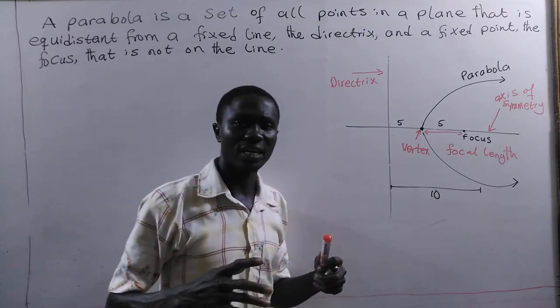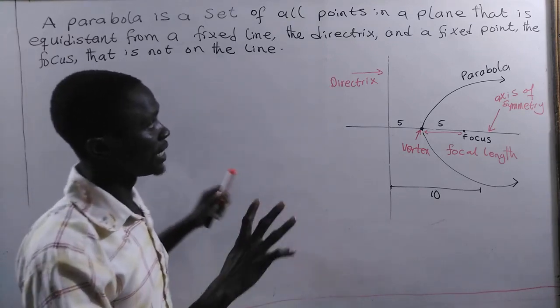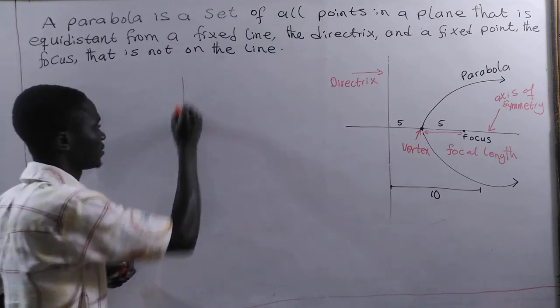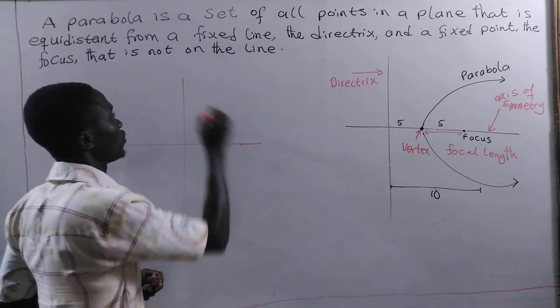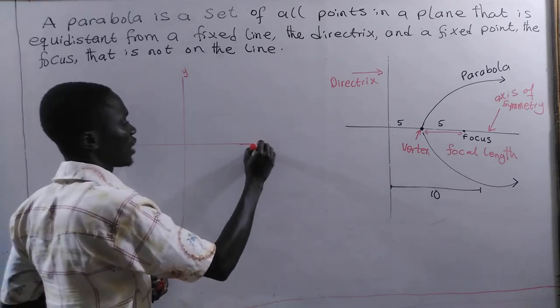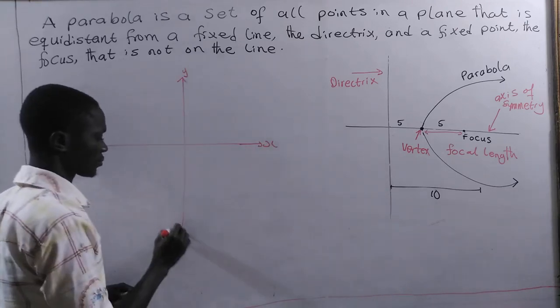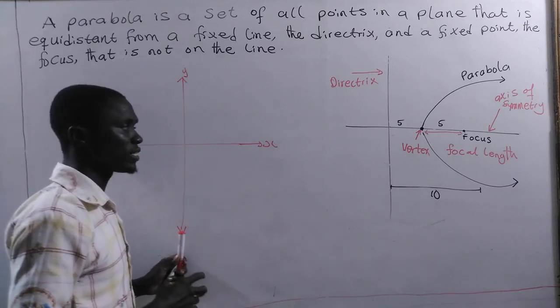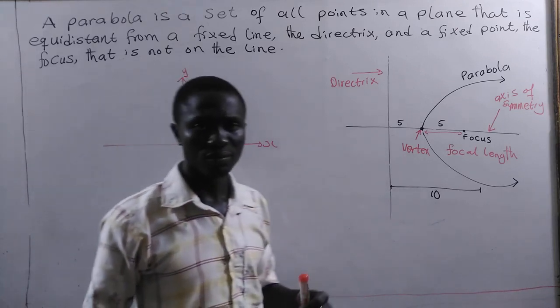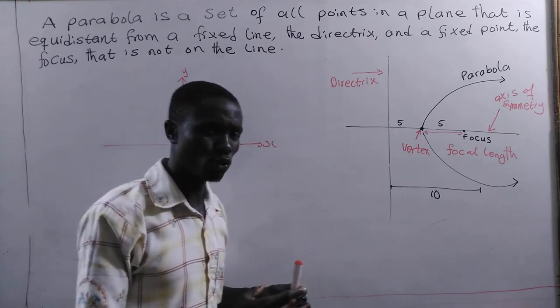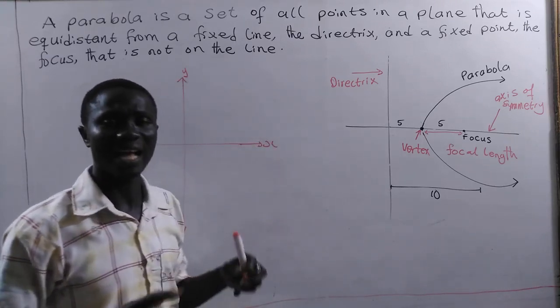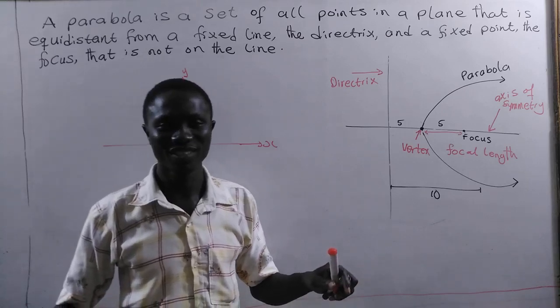Now, if we take a plane, let's take this plane, and then we have our y-axis and then our x-axis. We can choose the x-axis as the axis of symmetry, or we can choose the y-axis as the axis of symmetry.